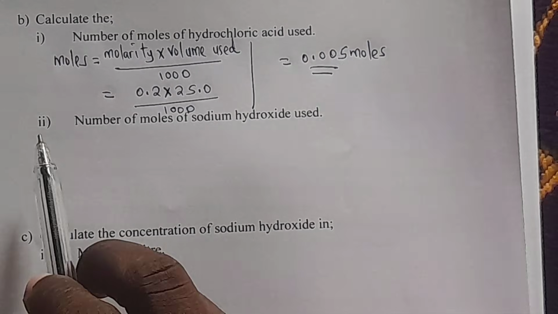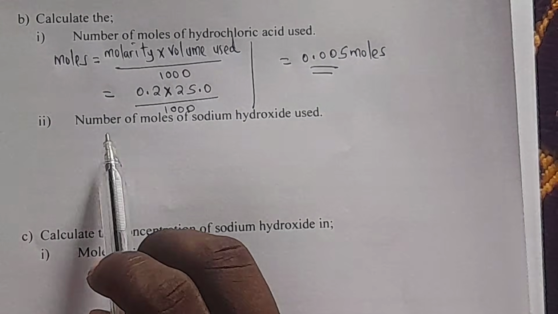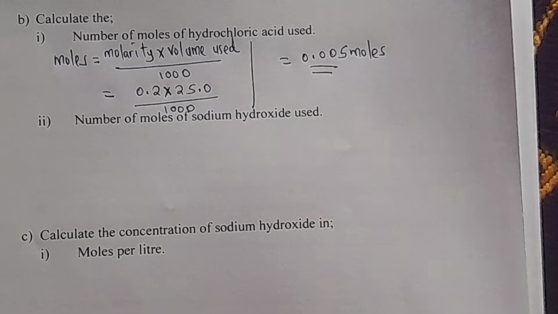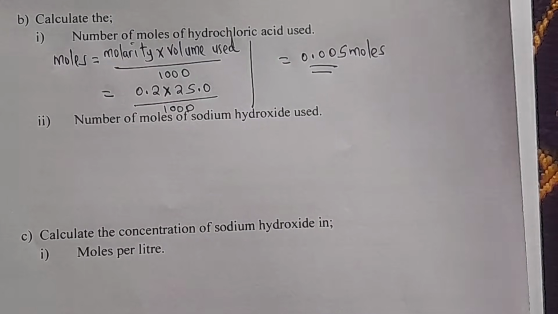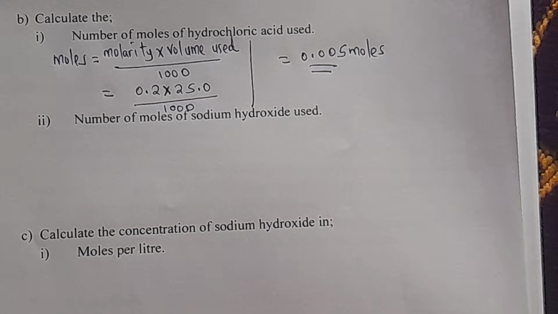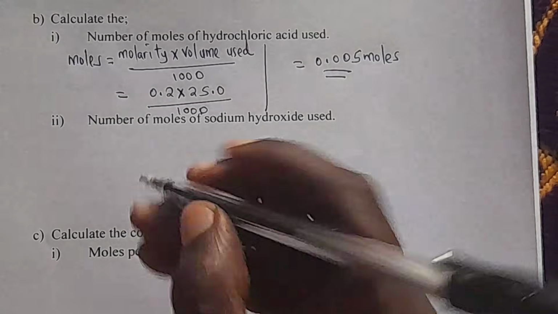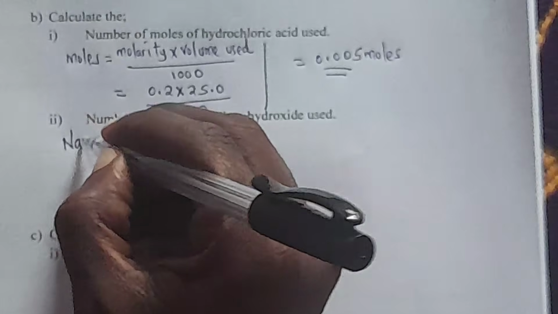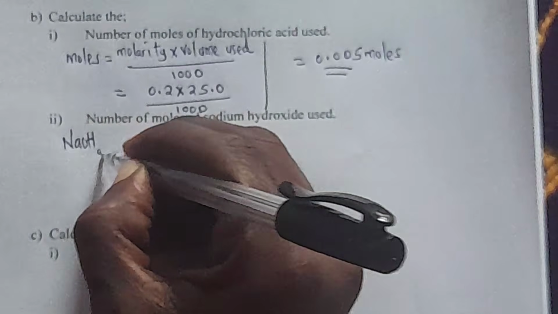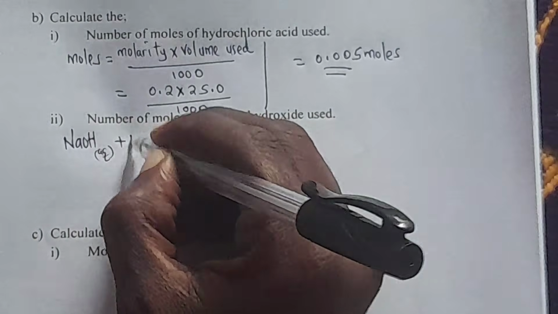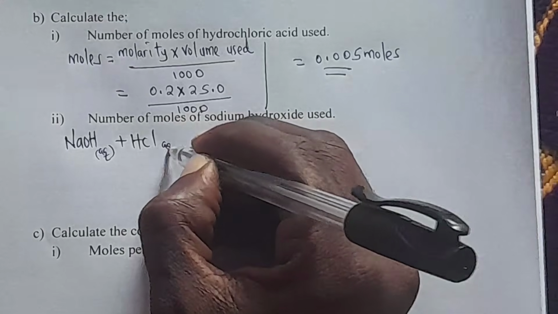But part B2, we are told the number of moles of the sodium hydroxide used. Sodium hydroxide was the analyte, so we can get the number of moles of sodium hydroxide by writing the chemical equation for the reaction between the standard solution and the analyte. Sodium hydroxide aqueous reacts with hydrochloric acid aqueous.